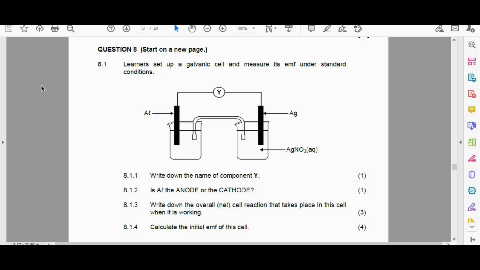Remember, your electrode potential of aluminium is negative 1,66. The cell potential would be the final, overall value. And what reaction takes place at your cathode? And what reaction takes place at your anode?